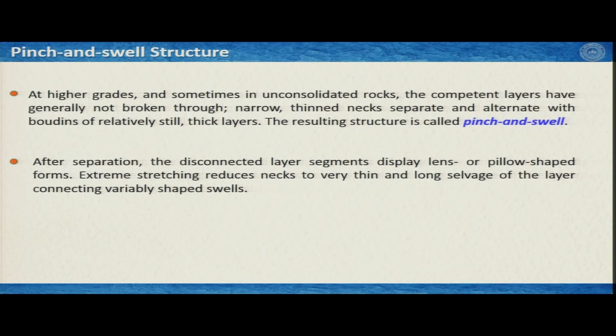The resulting structure is called pinch-and-swell. We will see it soon. After separation, the disconnected layer segments display lens or pillow shaped forms. Extreme stretching reduces necks to very thin and long selvage of the layer connecting variably shaped swells.